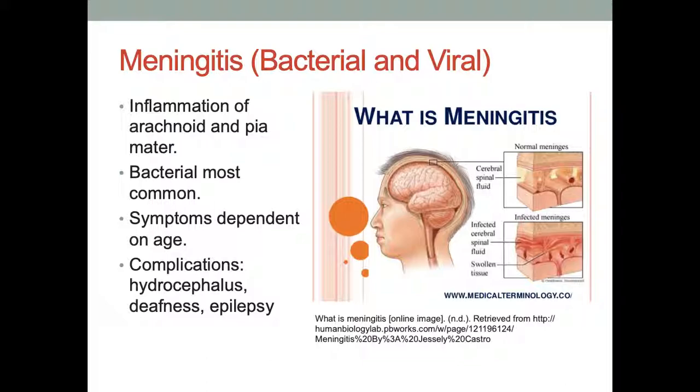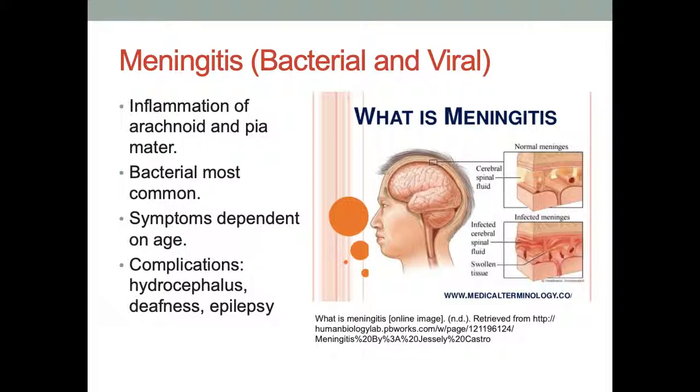In adults, you won't see the bulging of the fontanelles or anything really of the head. It doesn't enlarge too much because it's fused together. But you do see severe headaches, vomiting, additional pain, stiffness in the neck and upper shoulder region, lethargy, and you can see confusion and disorientation.